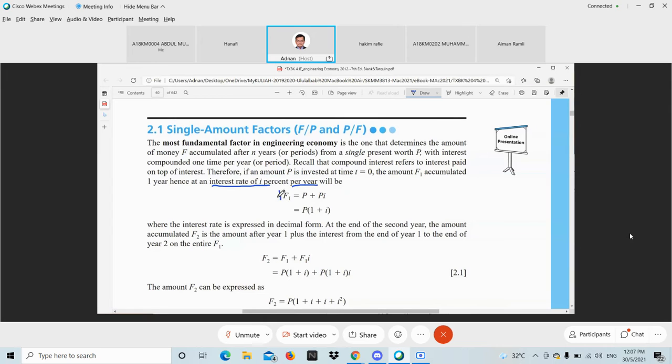Simplified, this becomes P(1 + I). So to know the value in the future after one year, F1, we multiply P by (1 + I).